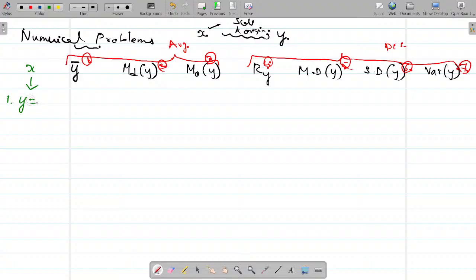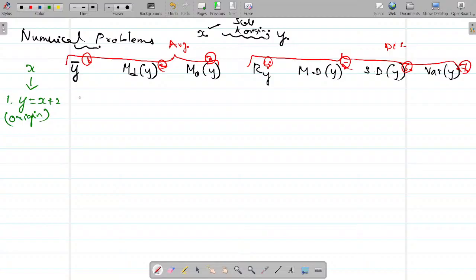So how do I get this y? X plus 2. To each and every x I'm adding 2. This concept is covered under change of scale or change of origin. It is change of origin, because change of origin involves addition or subtraction. Okay. Now tell me, what happens for the y bar value?